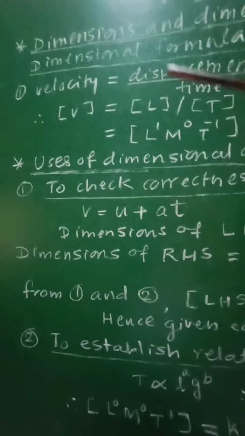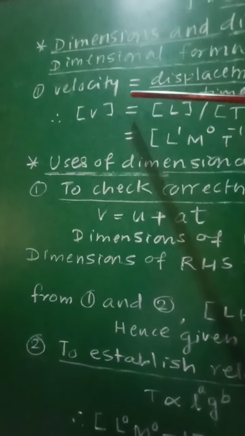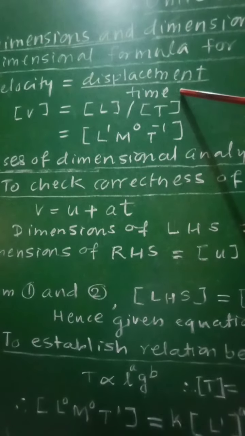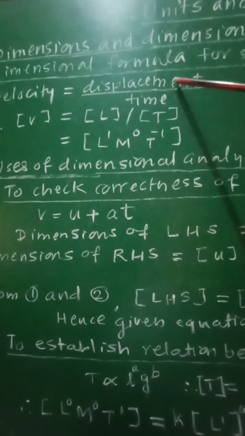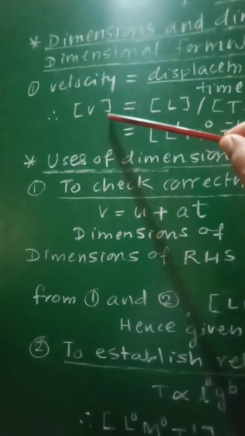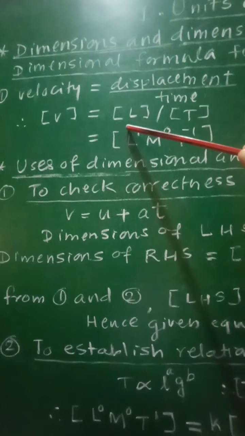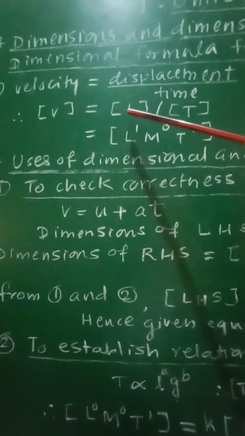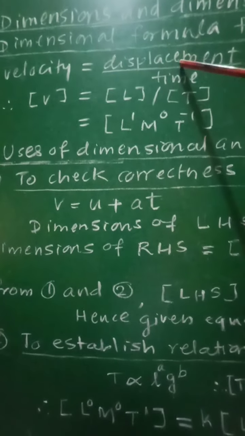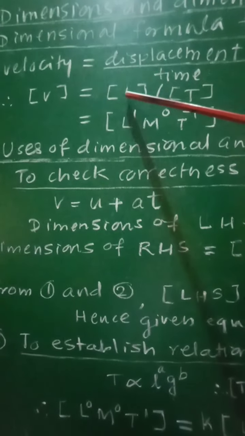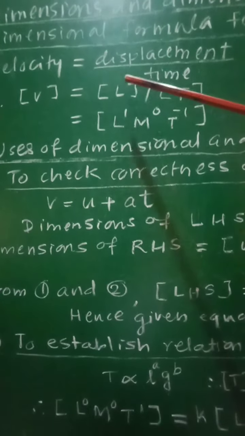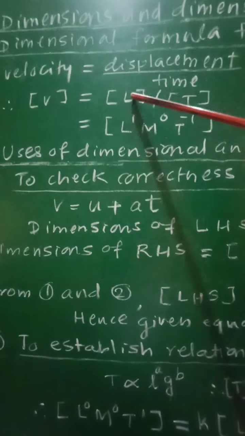For example, if you consider velocity, we know that velocity is equal to displacement upon time. Displacement is nothing but length, and therefore the dimensions of velocity v will be equal to the dimensions of displacement, that is L. In this formula, displacement occurs once, and therefore there will be 1 in length only. That one may or may not be written.